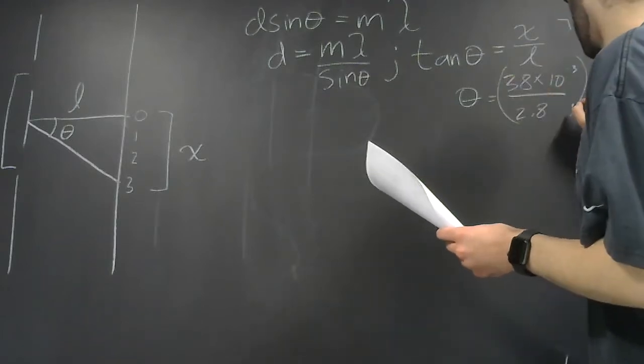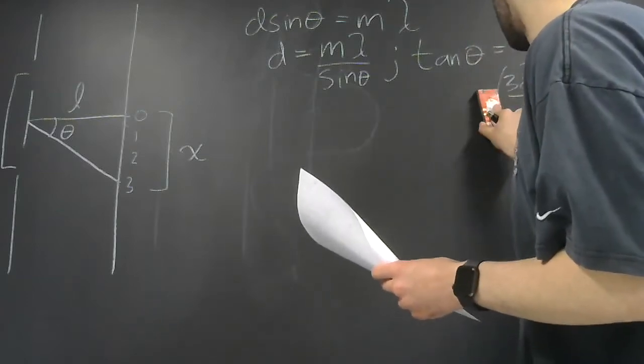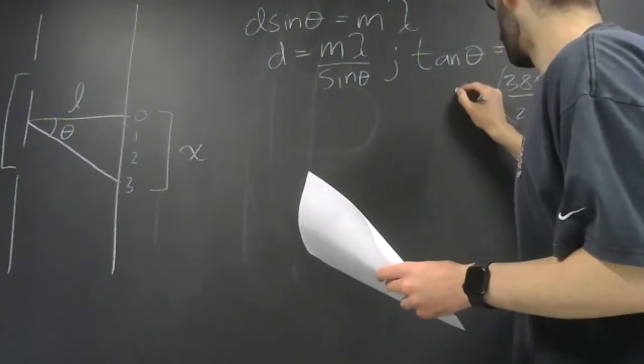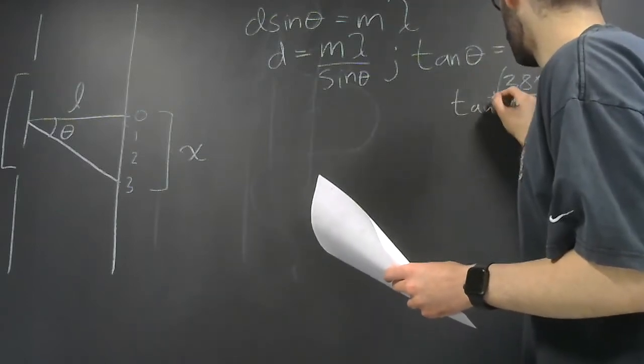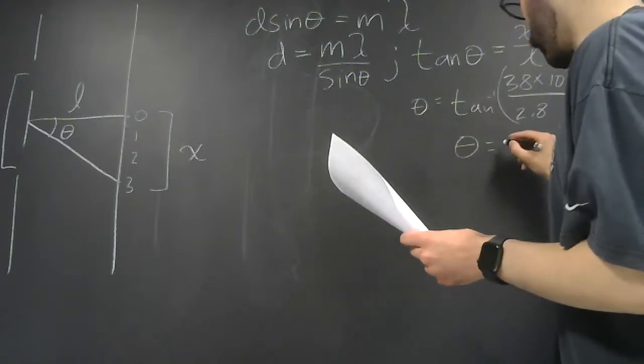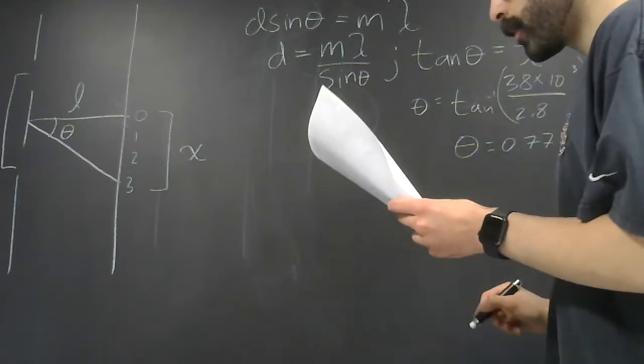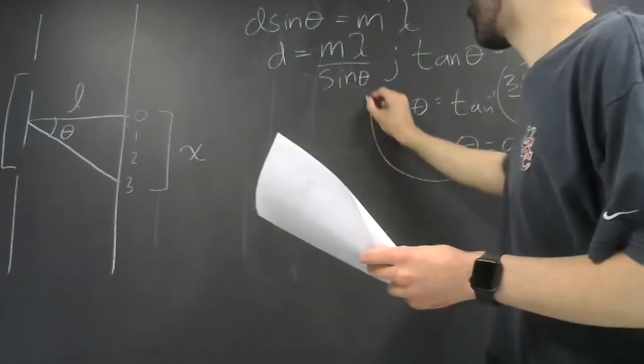Oh, excuse me, I forgot to write our inverse function here. All right, and then theta comes out to be equal to 0.778 degrees.